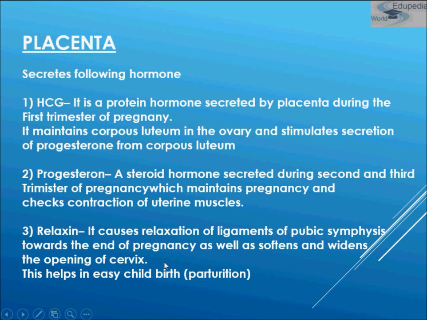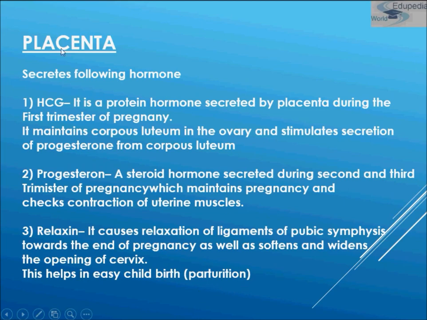That means when the 9th month arrives, this hormone, relaxin, causes relaxation of ligaments of the pubic symphysis towards the end of pregnancy, as well as it softens and widens the opening of the cervix so that the child can move out easily. And easy childbirth is known as parturition.